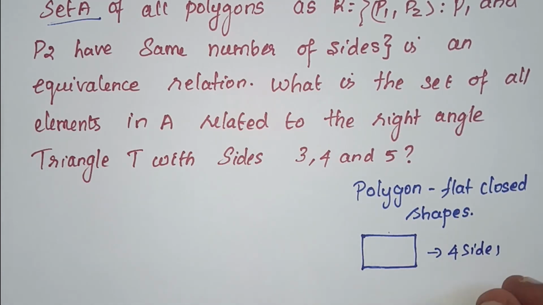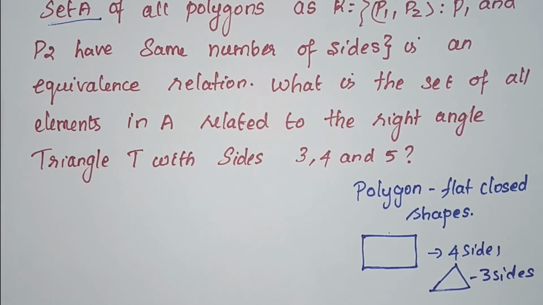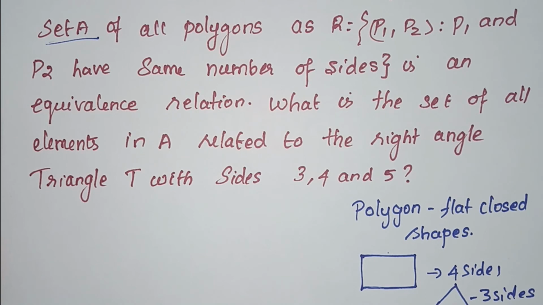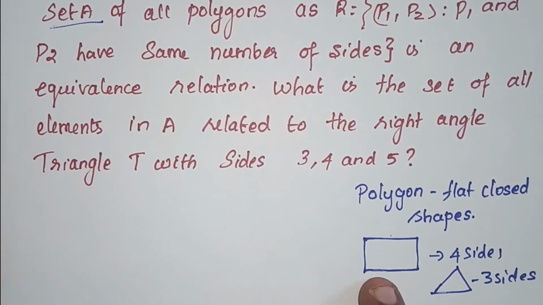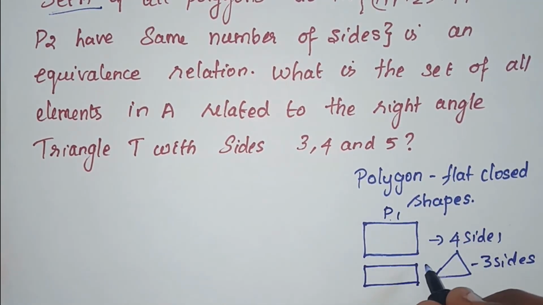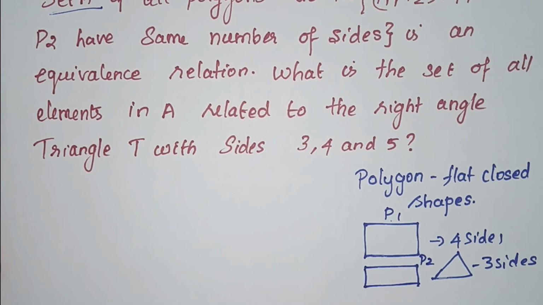A triangle is also a polygon, with 3 sides. So any flat closed shape is a polygon. In this relation, two polygons have the same number of sides. This rectangle is a polygon, and I am taking another rectangle, also a polygon. This is P1, this is P2, with the same number of sides.